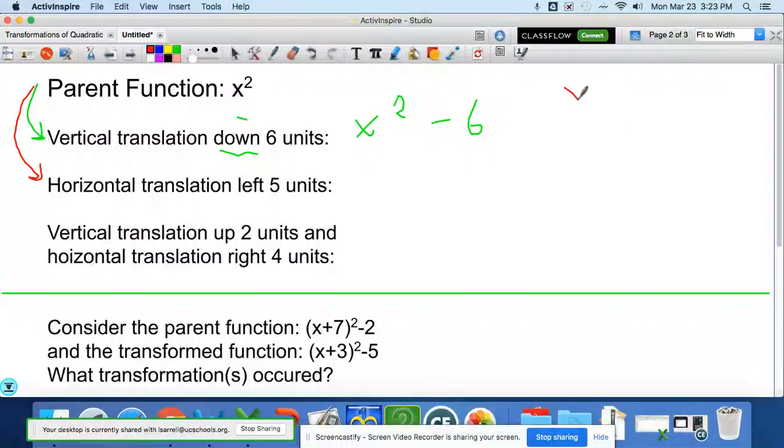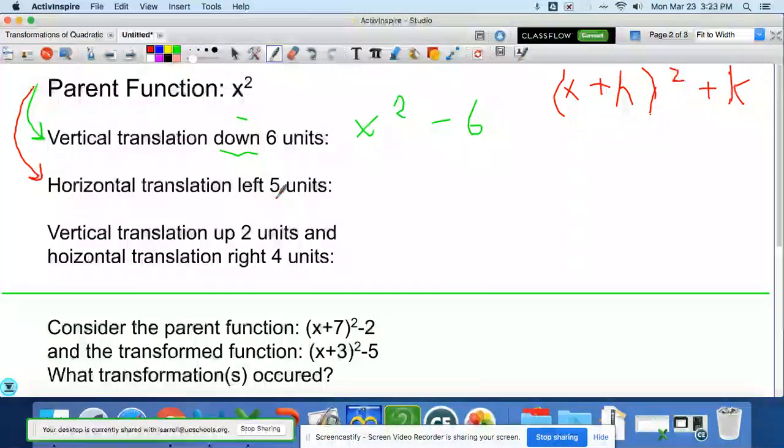It's usually some number times x plus or minus h quantity squared plus or minus some value of k. Really, these are just pluses, but you get the gist. So if there's no parentheses, where would they be? Well, they'd be around the x value with the squared out on the end.